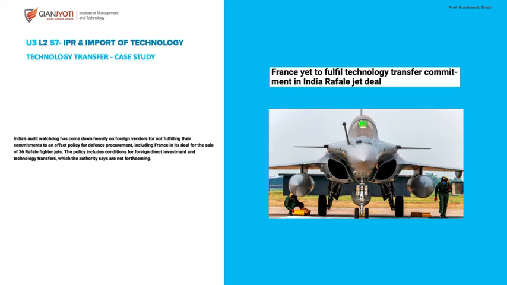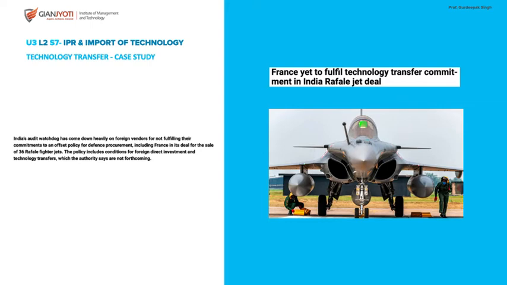Now, one example of technology transfer we can talk about here is the Rafale fighter jets. India has imported, or is in the process of importing, 36 Rafale fighter jets. One of the jets came to Ambala very recently. But what is happening as per the original agreement of technology transfer?